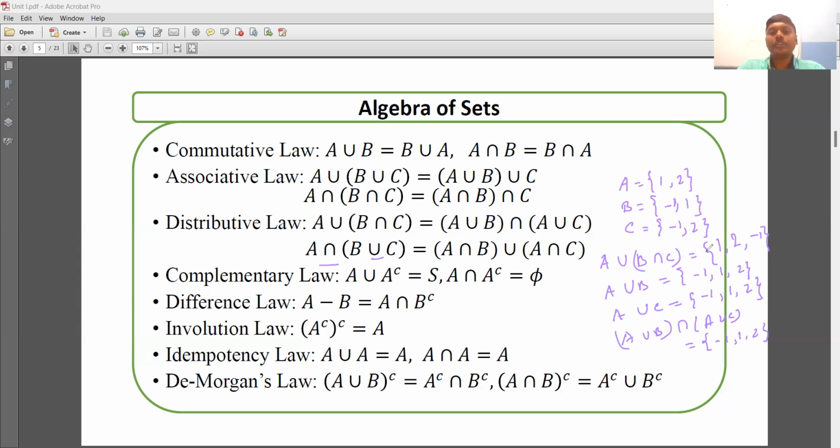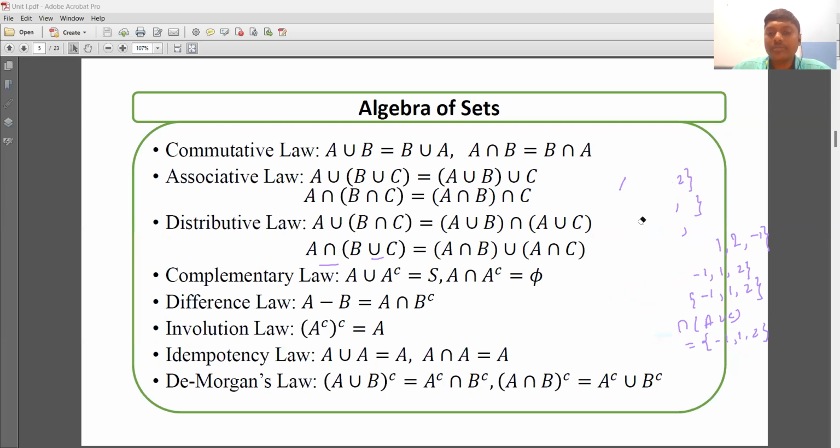And if you want to prove it, you can take some elements and show that the left hand side is a subset of the right hand side, and the right hand side is a subset of the left hand side, so that both the sets are subsets of each other. We have already seen in the first lecture that two sets will be identical or equal if they are subsets of each other.